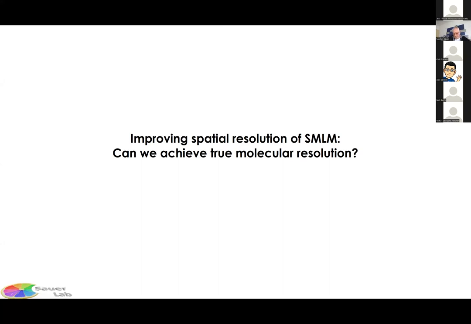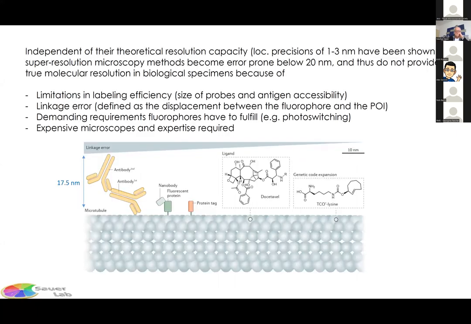But what has been puzzling us in the last years is how we can potentially further improve the spatial resolution of so-called localization microscopy. Or can we finally really achieve true molecular resolution?